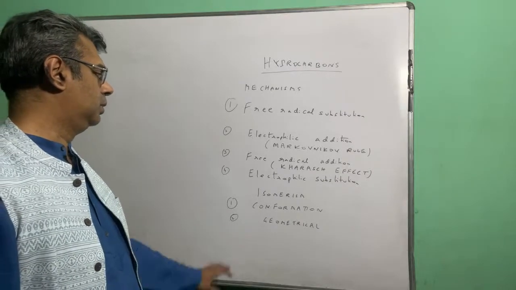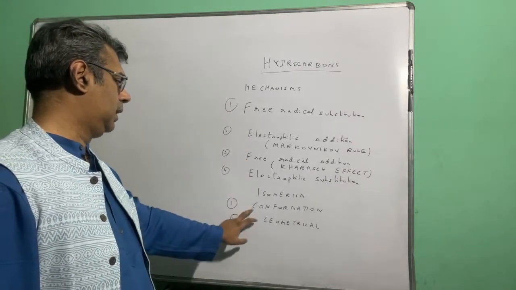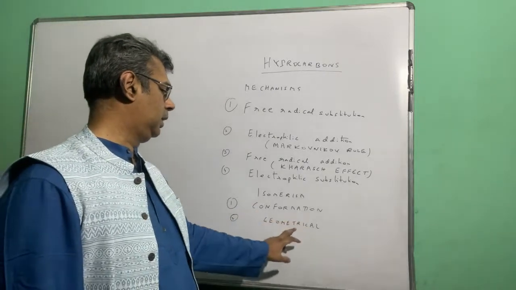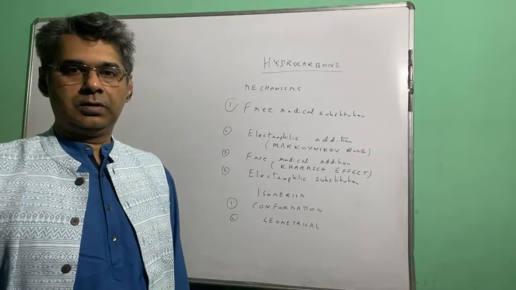Okay, so these are the four types of mechanisms, and these are the two types of isomerism. One is conformation and one is geometrical isomerism.